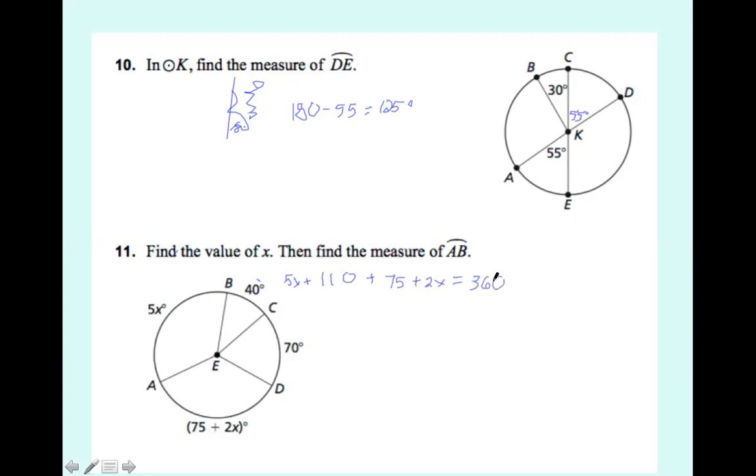So let's see if I got it right. I got 5X, 70 plus 40, that's 110, plus 75 plus 2X equals 360. All right, so then I'm going to add these together. Add like terms, 5X plus 2X is 7X. 110 plus 75 would be 185, equals 360. Subtract 185 from both sides.